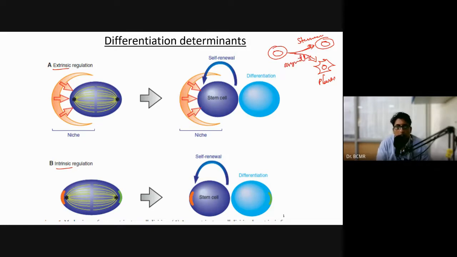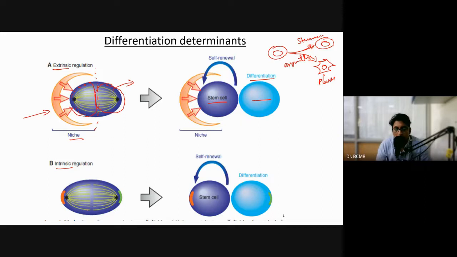So how that happens is maybe half of the cell is experiencing extrinsic signals from the niche. And some of the proteins could be localized onto one side. That means the future cell has different experience or signals compared to the new cell that is forming. And that is how one of the daughter cells can remain a stem cell while the other one can become differentiated.